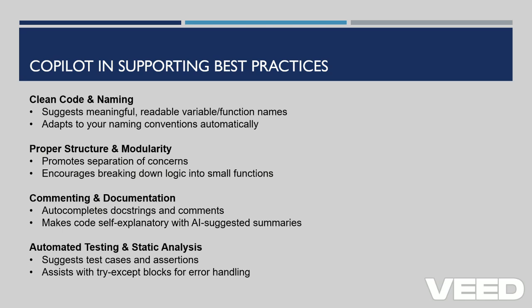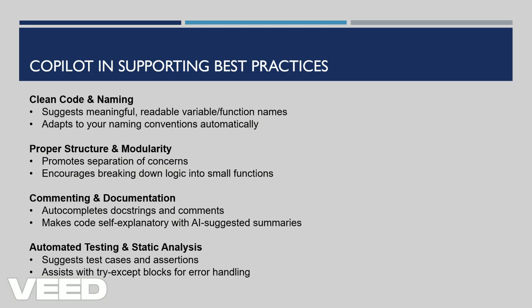So what are the best practices that Copilot supports? It does support clean coding and naming. It suggests relevant namings and meaningful function names. It also helps in proper structure and modularity, provides the relevant separation, and also breaks down the logic into smaller chunks.